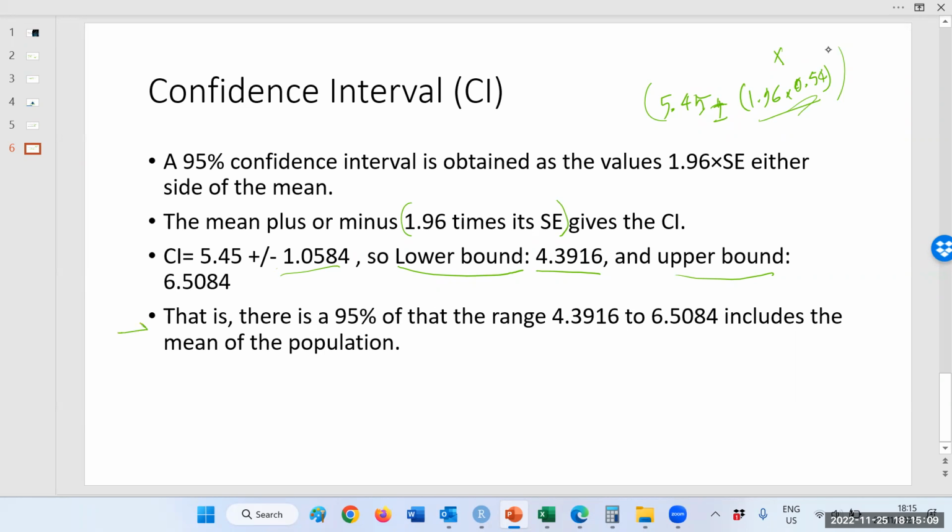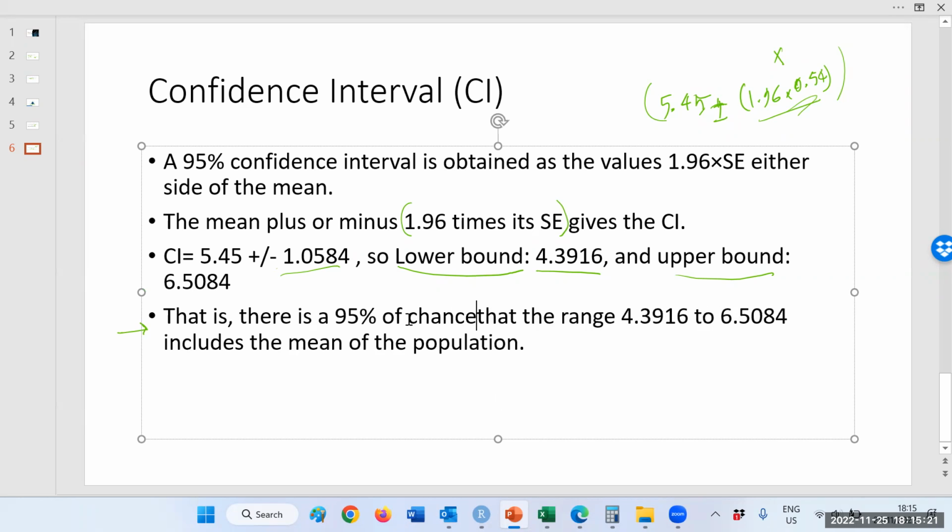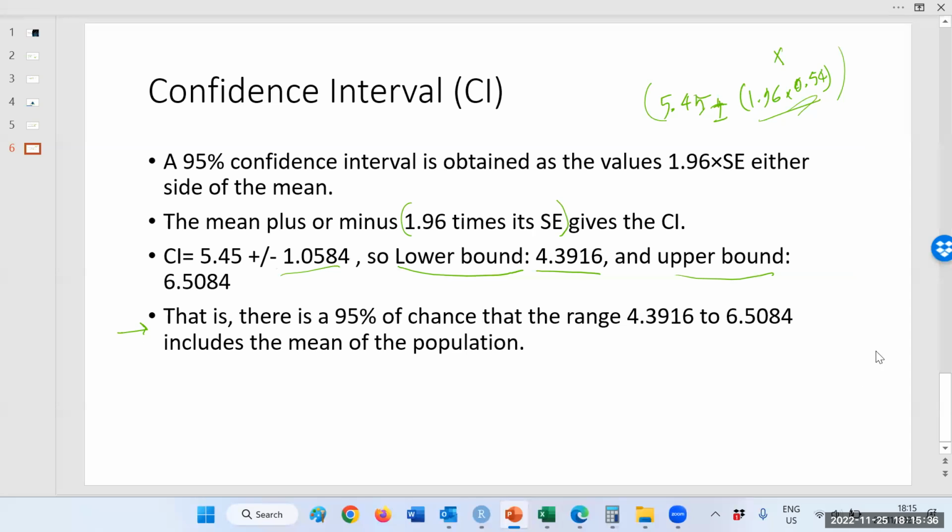I suggest a simple sentence like this would be fine. There is a 95% chance, sorry, a word is missing, 95% chance that the range 4.3916 to 6.5084 includes the mean of the population.